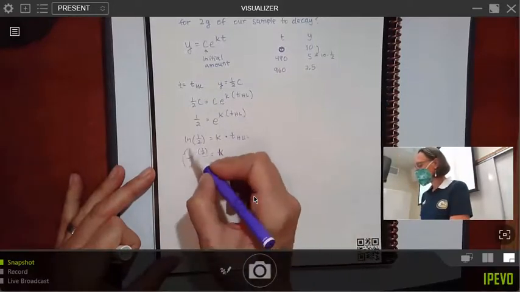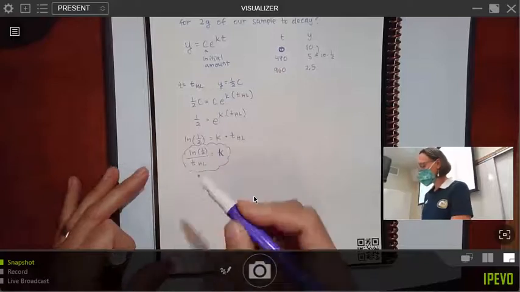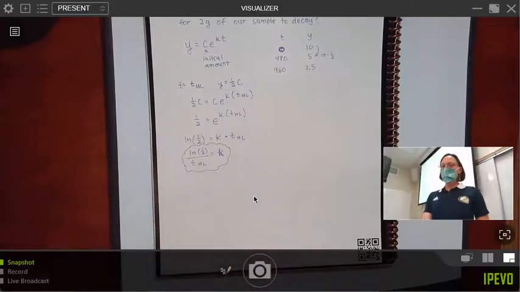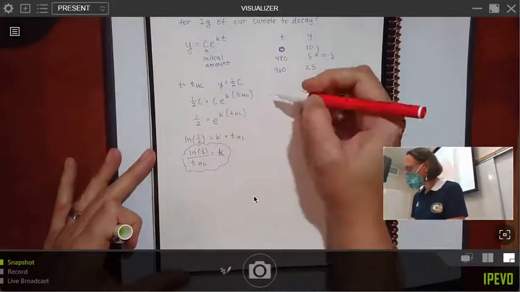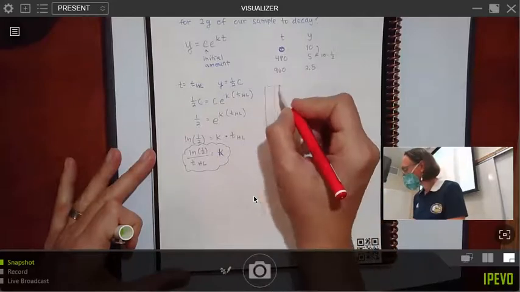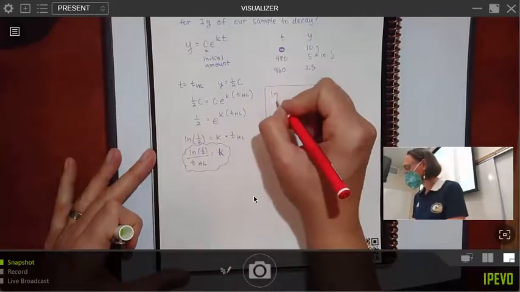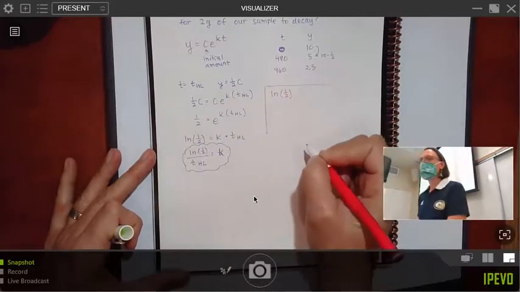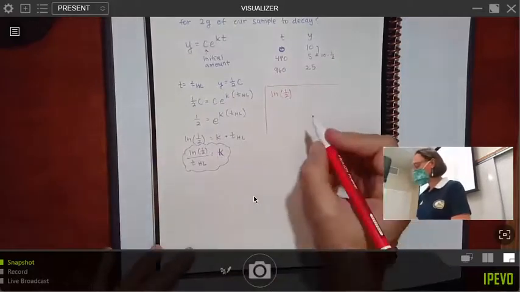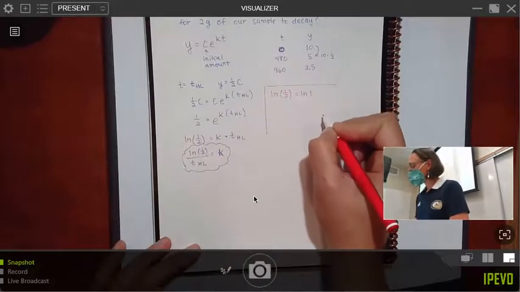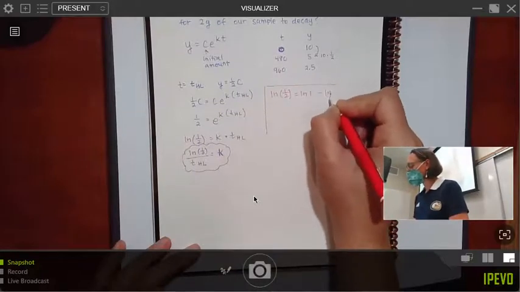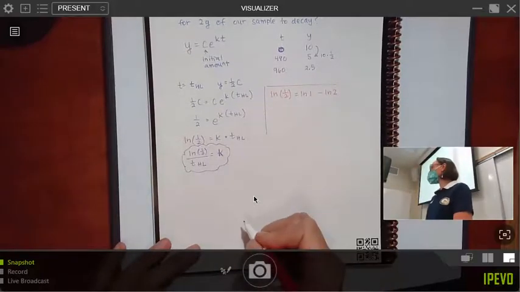Now there's another version of this formula that comes from thinking about properties of logs. This is just my little aside, but natural log of 1/2, using our log properties, I could expand to natural log of 1 minus natural log of 2.